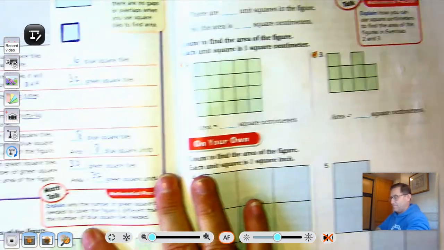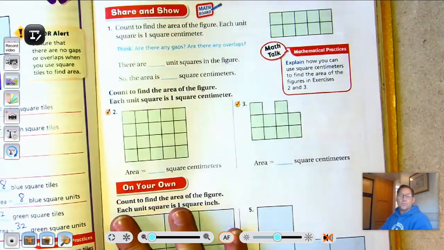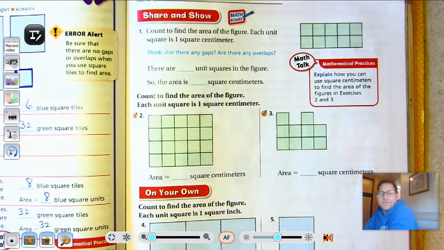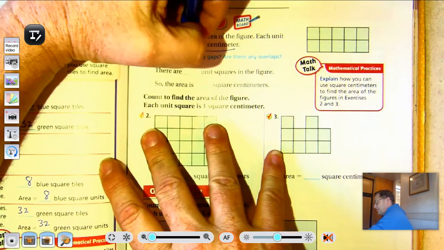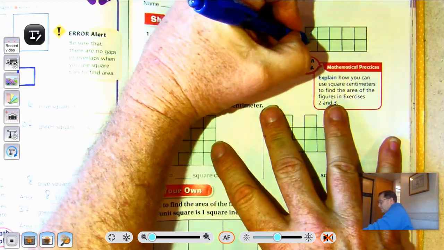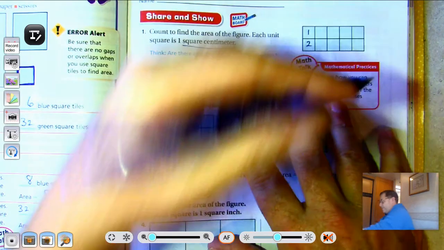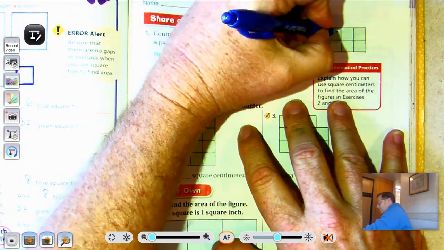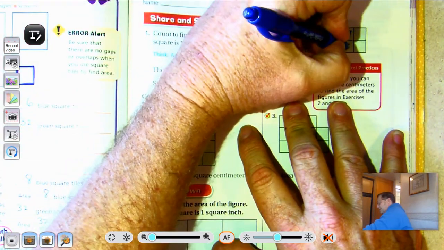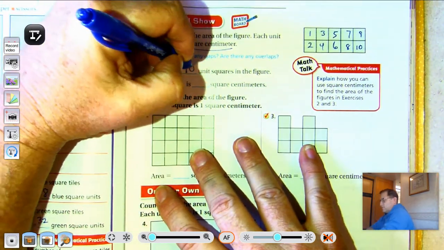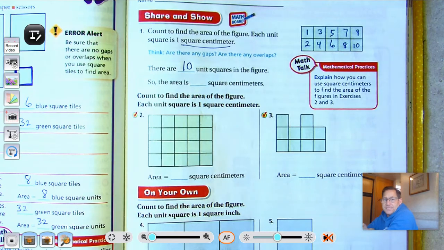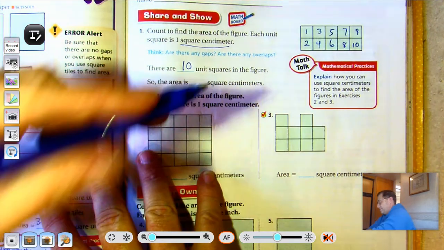Let's try some more now. Okay, so count to find the area of the figure. Each unit square is 1 square centimeter. All right, 1, 2. So just count them, right? 3, 4, 5, 6, 7, 8, 9, 10. So if there's 10 unit squares, each square is 1 square centimeter.